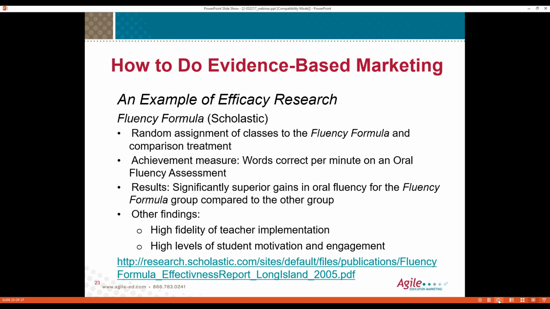The achievement measure was a very simple, typical data point you get from oral fluency assessments, words correct per minute, which is well known in the fluency world. We found significantly superior gains on oral fluency for the Fluency Formula group compared to the other group.